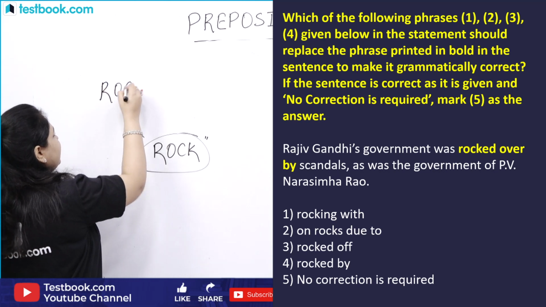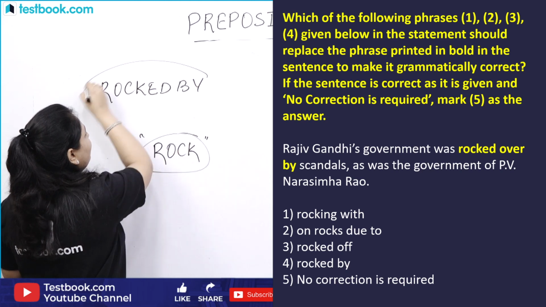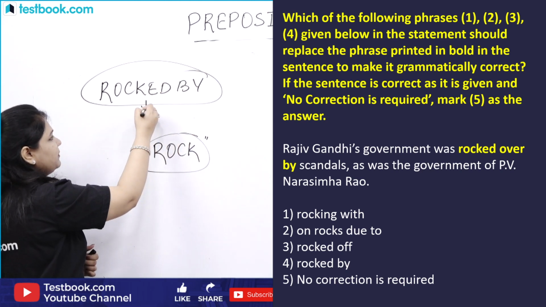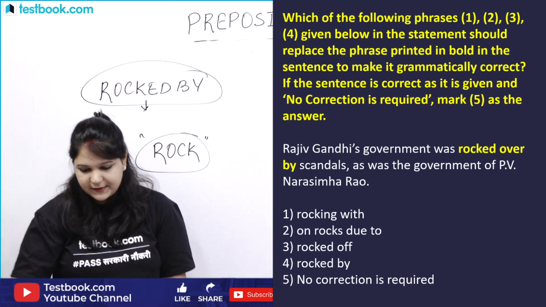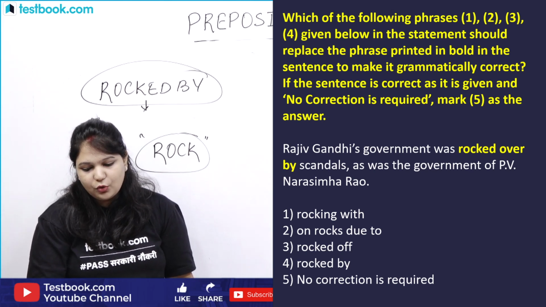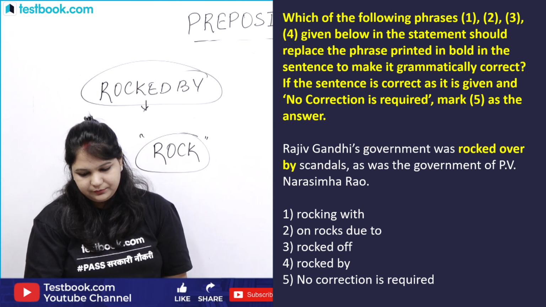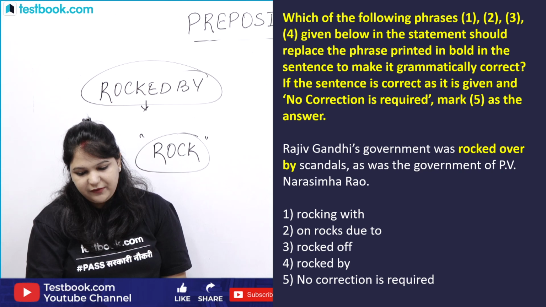If all of you are saying that rocked by is the right one, what is the actual meaning of this phrase as used in this sentence? Rajiv Gandhi's government was rocked over by scandals, as was the government of PV Narasimha Rao.